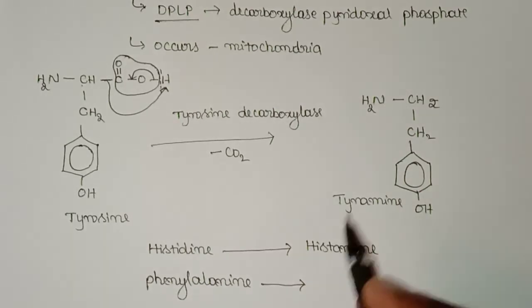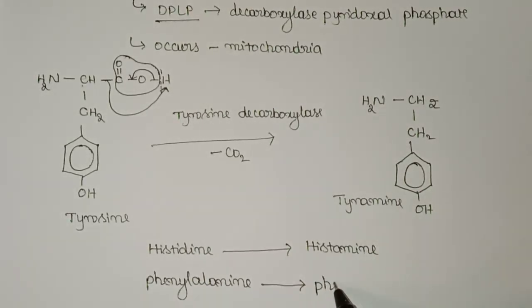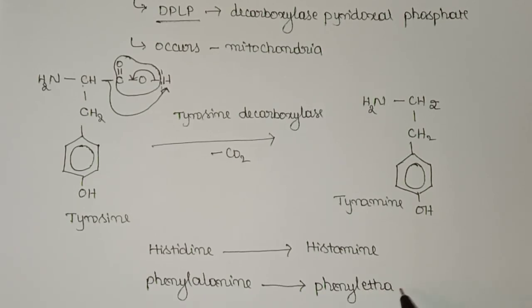So the resulting product is called phenylethanamine, which you get when phenylalanine is subjected to decarboxylation.